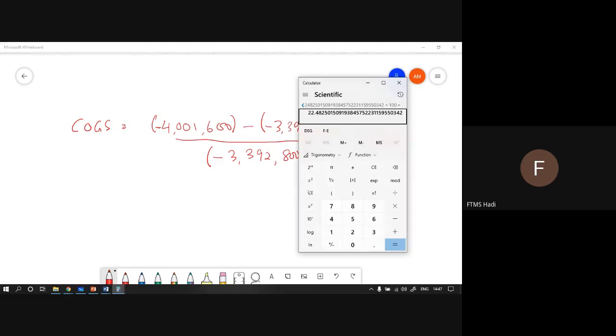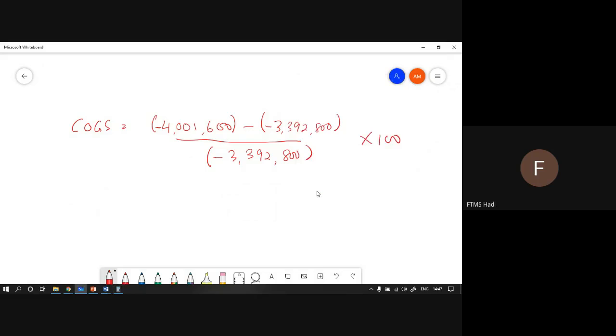Okay, so negative 4,001,600 minus negative 3,392,800. Because this is negative and negative, if negative and negative, that means it is plus. Negative and negative will become plus.